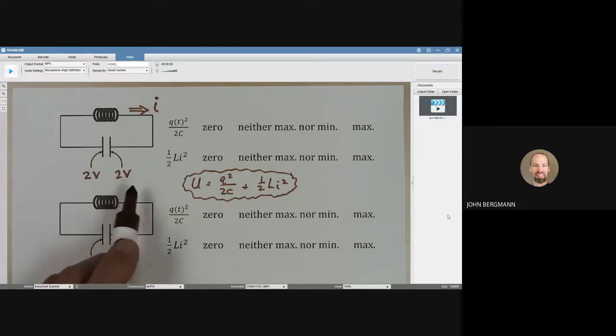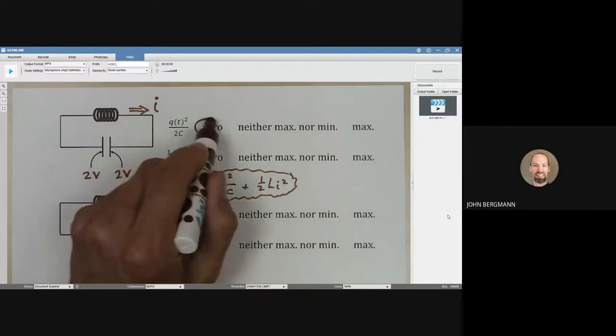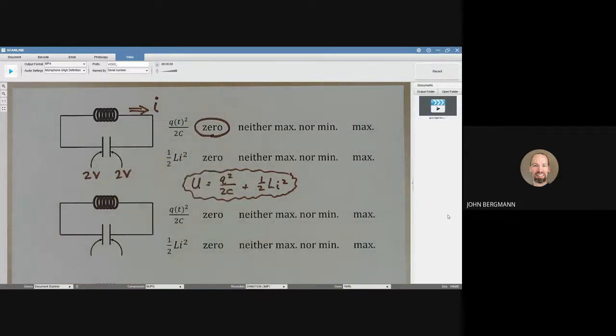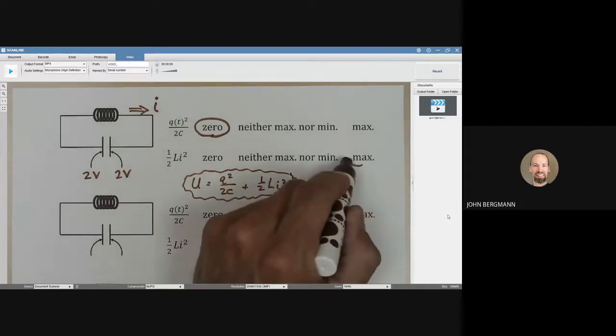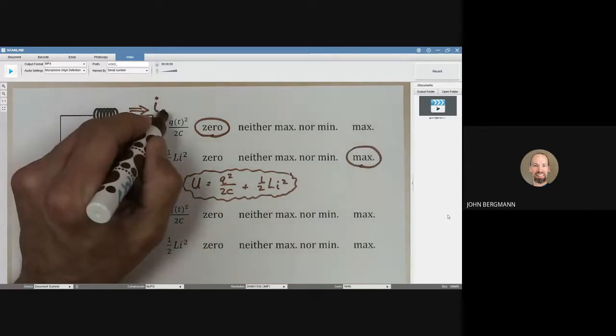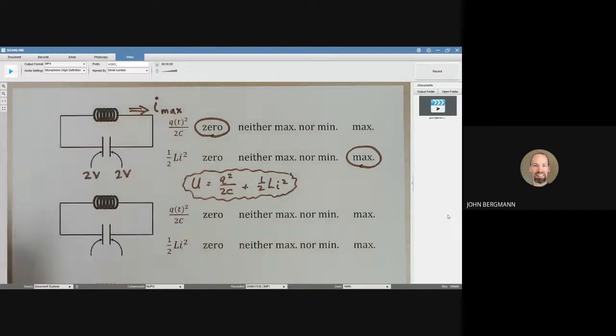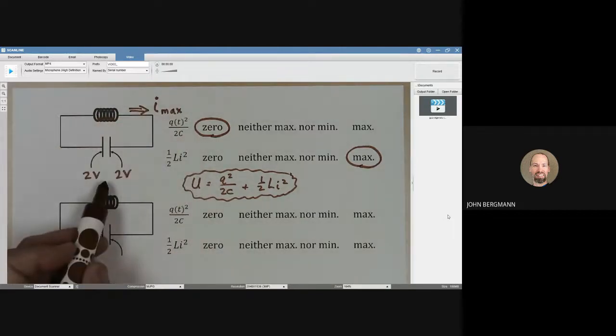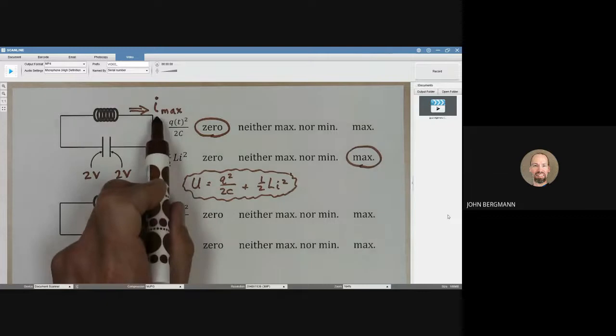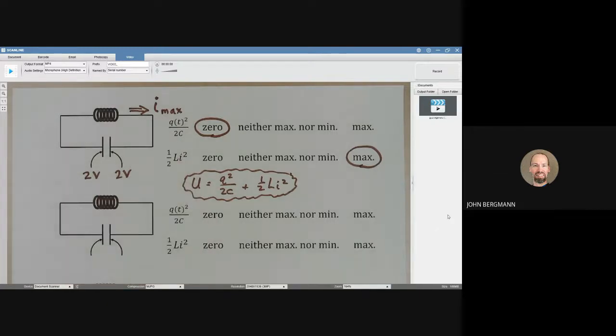So now there is no energy stored in the electric field of the capacitor. And there is a maximum energy in the inductor. This is the maximum current right there. When the capacitor is uncharged, the current through that inductor is a maximum. As soon as that happens, the capacitor isn't pushing anymore.